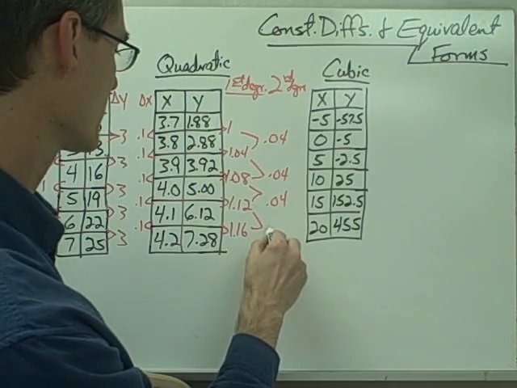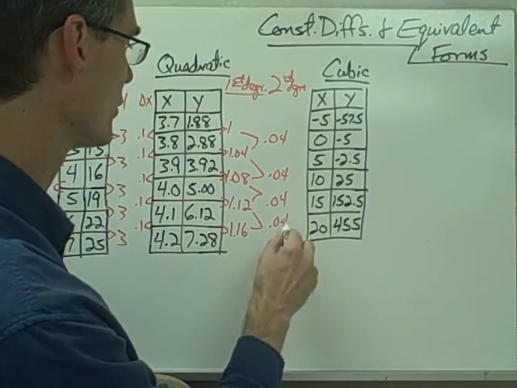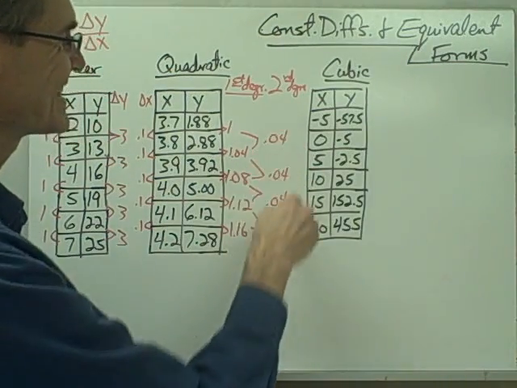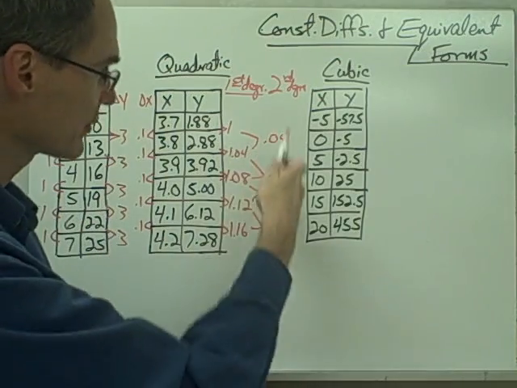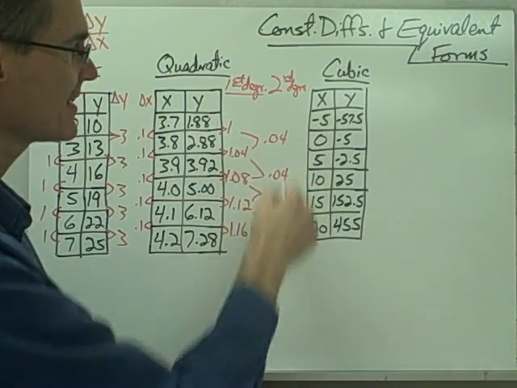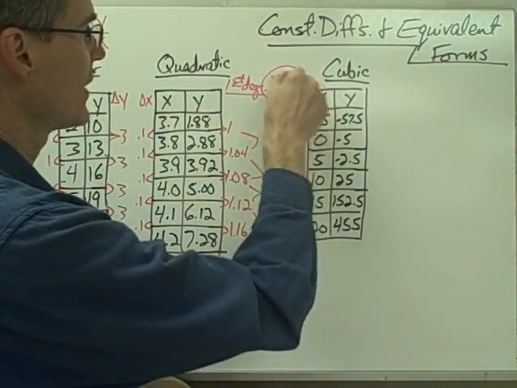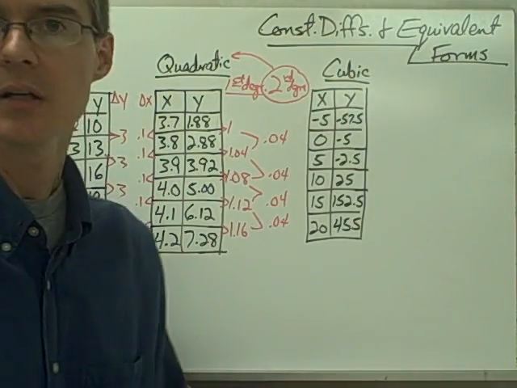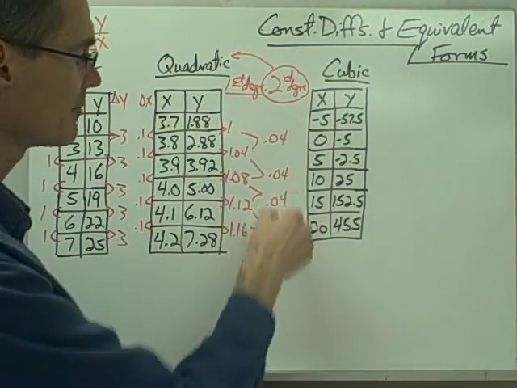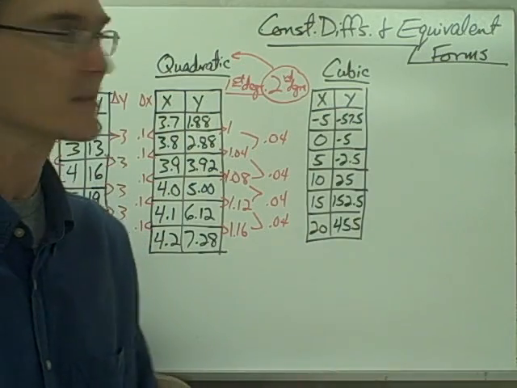And 1.16 minus 1.12 is also 0.04. So since this second round of differences comes out to be constant, that's how I know that this is a second degree or quadratic equation, because all of my second differences came out to be constant.